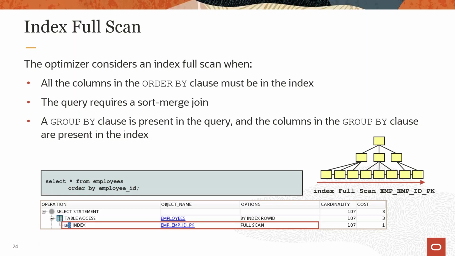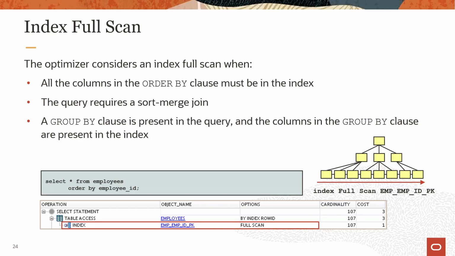Well, it's going to say, I can perform an index full scan because I have all the employee IDs inside the leaf blocks of my index. So I'm simply going to walk through all the leaf blocks, by default in ascending order, pick up the row ID, and then with that row ID, I go to my table employees to get all the records out of that table in a sorted way.